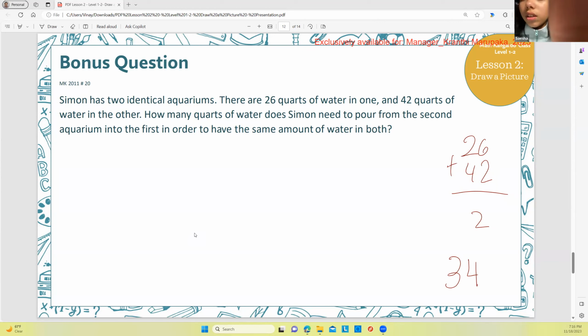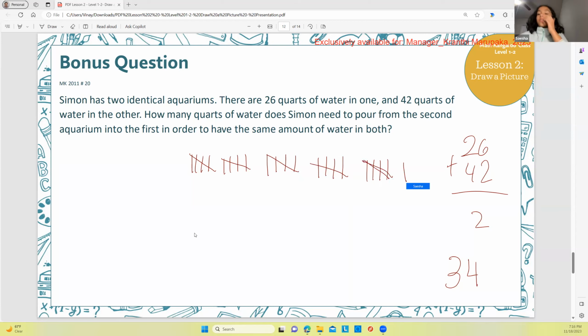Right. So this is the first aquarium. Yeah. That was the one tally mark across. And then the second one.